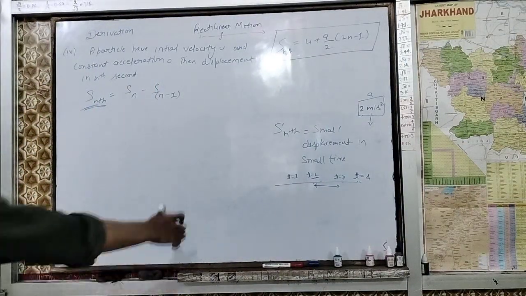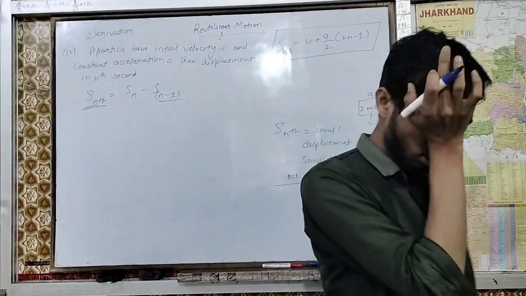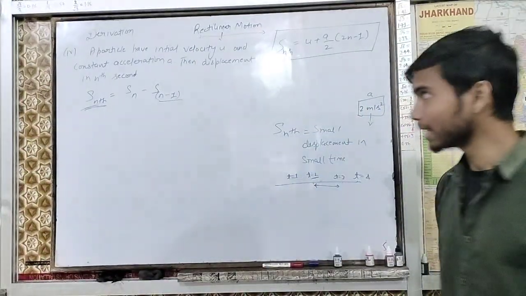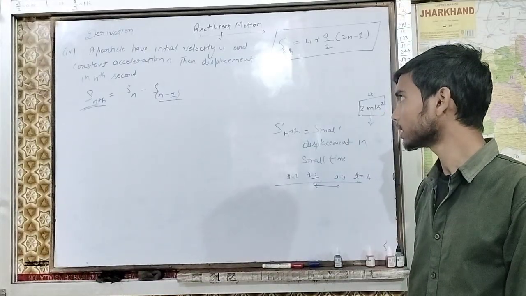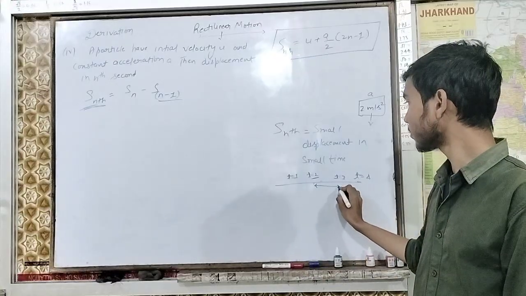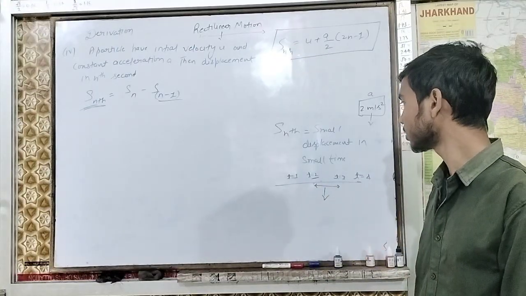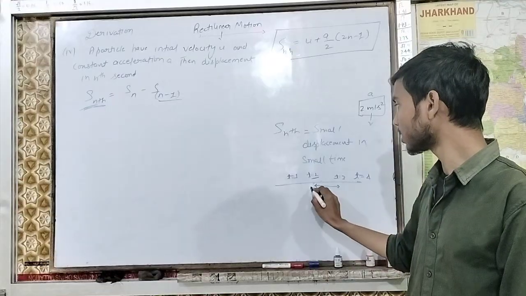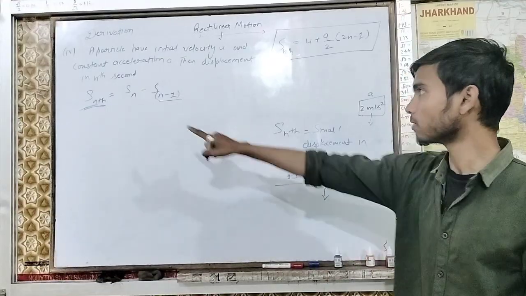So this n minus 1 is the previous second, and n is the current second. So current minus previous will be this part. Final minus initial, with respect to time, this displacement we will get.